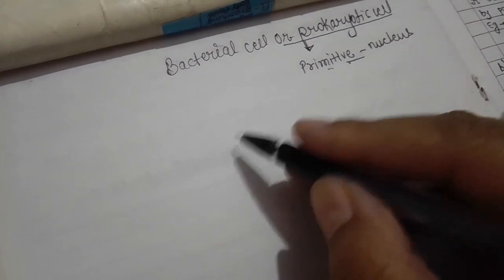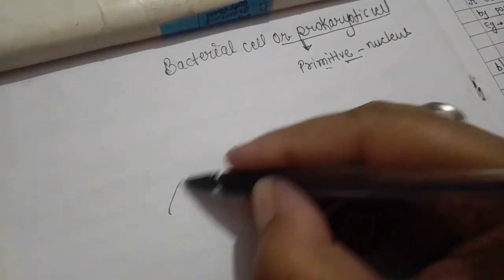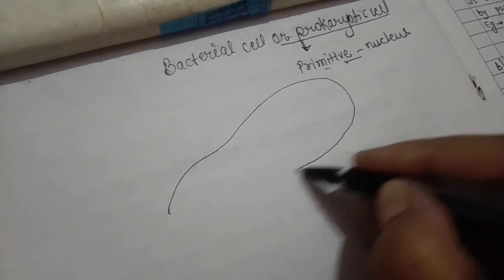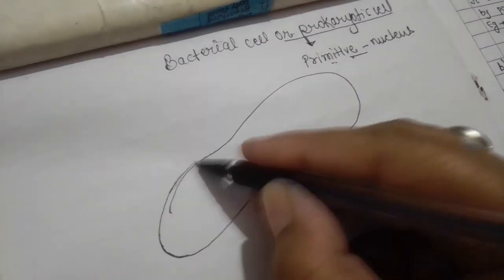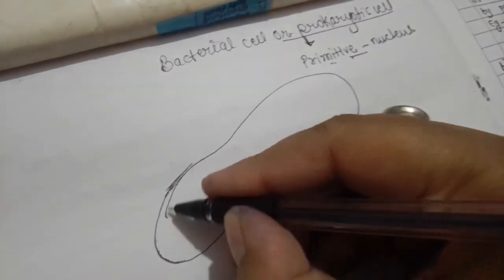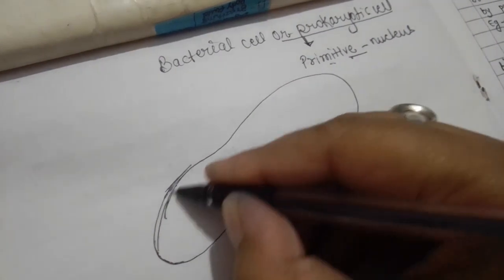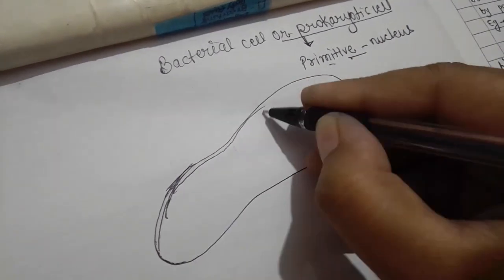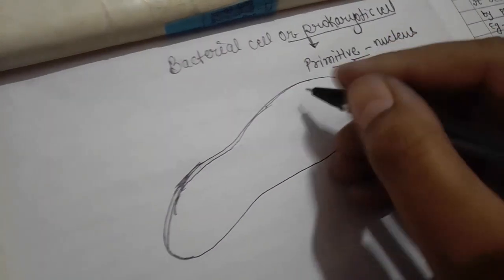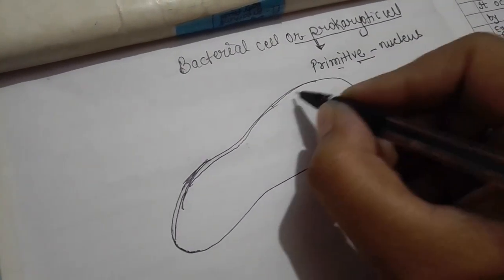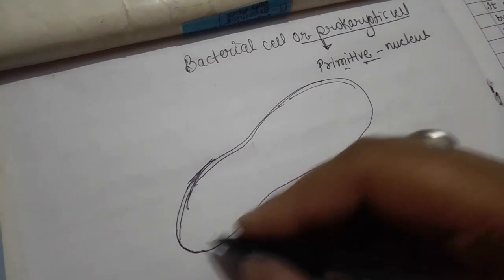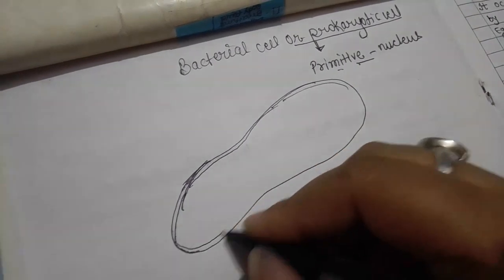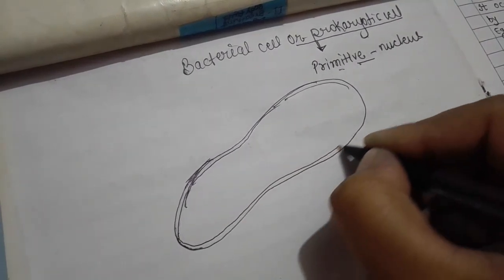If they have a primitive type of nucleus, that means they don't have membrane-bound organelles. So if you see the structure of the bacterial cell, it is a double membrane structure. The membrane is double here.